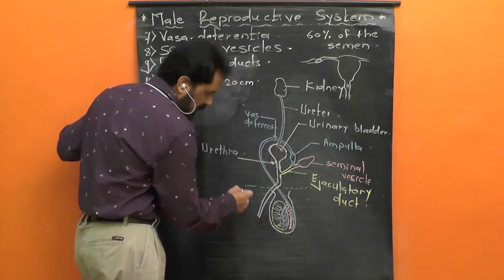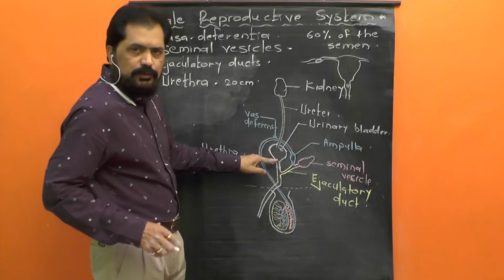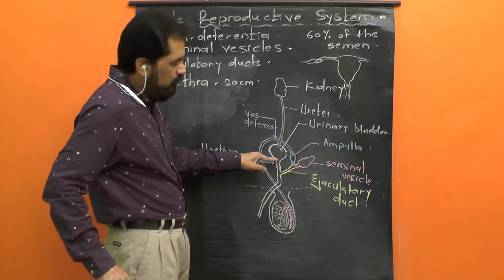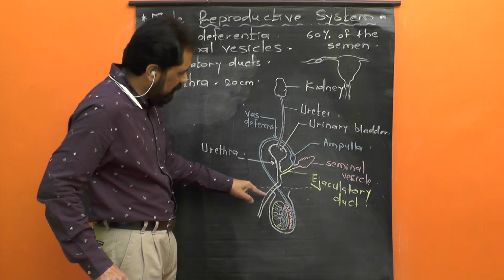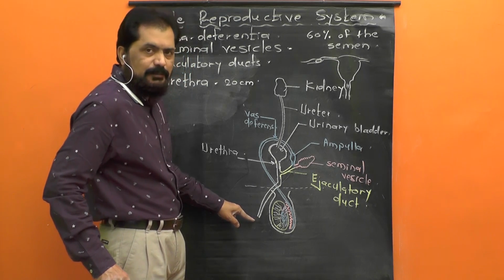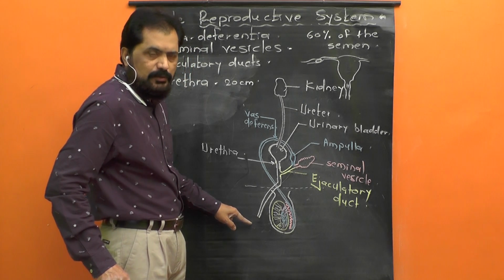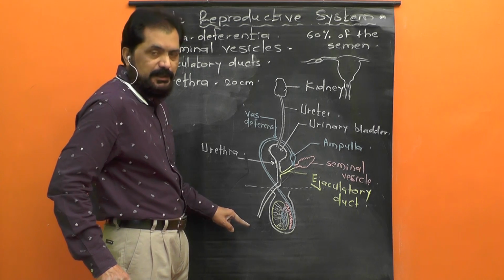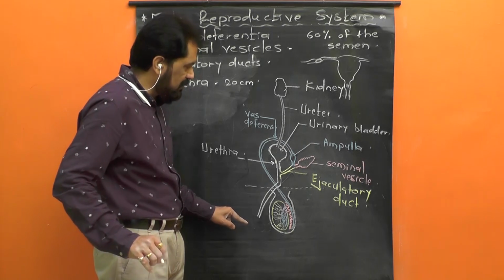या ठिकाणी मी urethra दाखवलेली आहे. We know that from here, that is from the urinary bladder, here is the complete urethra. We know the urethra opens outside the body by means of an opening called the urethral orifice, urethral opening or meatus at the tip of the penis.